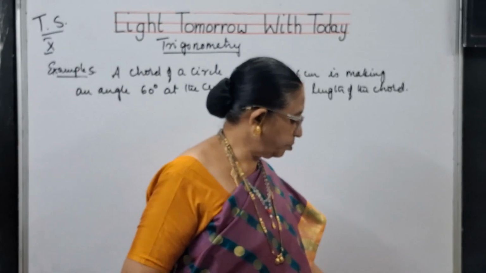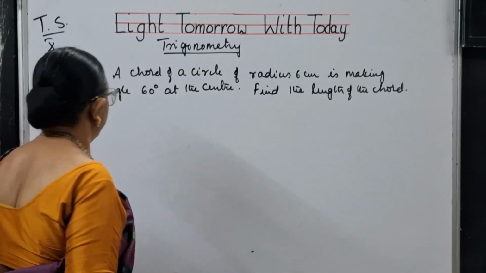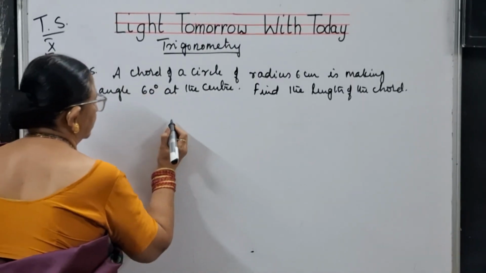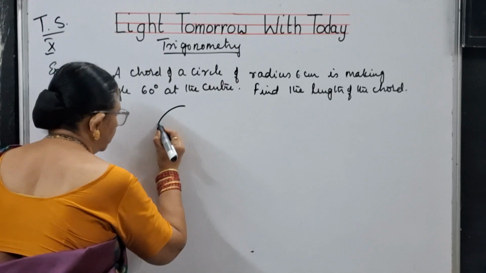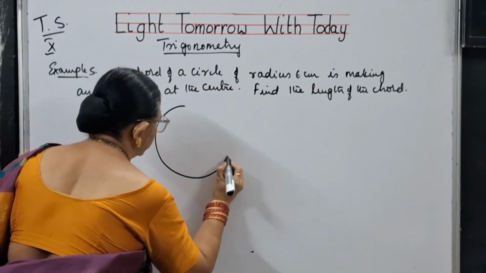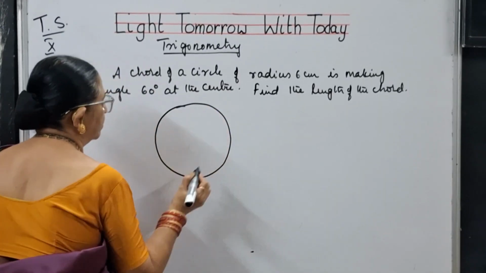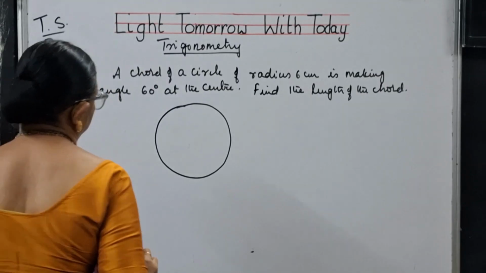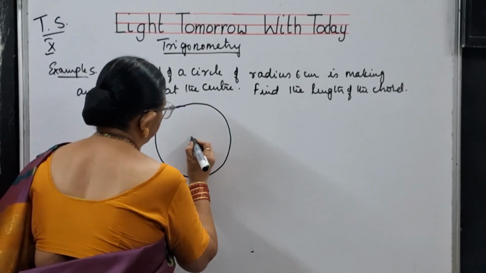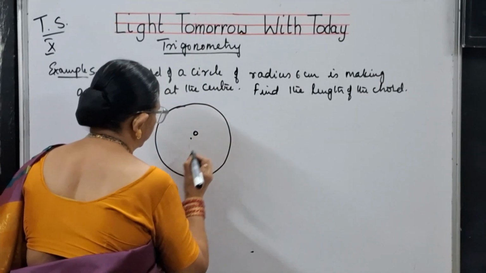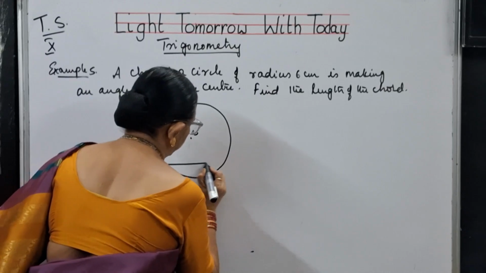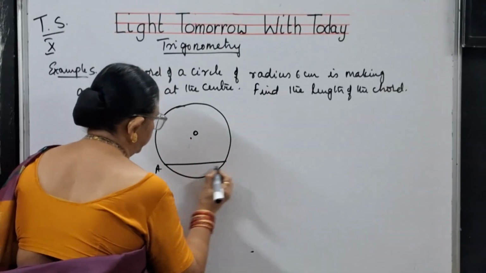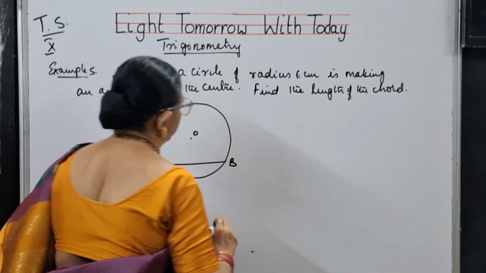Now the next example, children. Example 5. A chord of a circle. There is a circle, children. Suppose this is a circle. This is the center of the circle. There is a chord. Let me consider this AB as the chord of a circle.